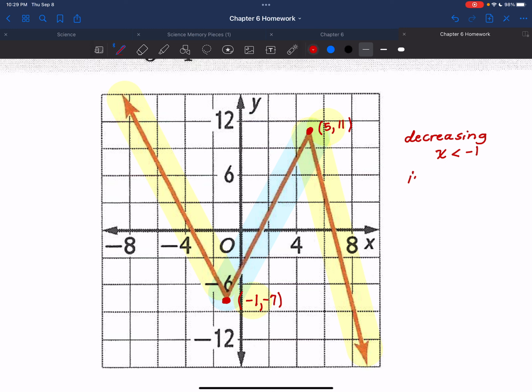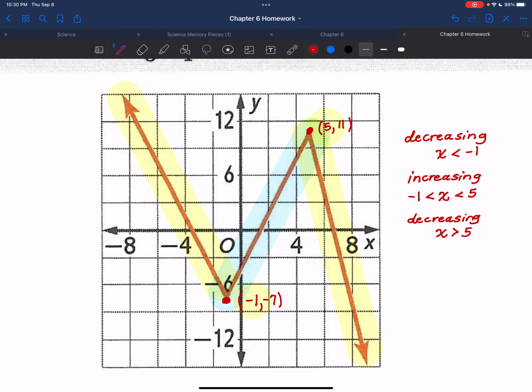So I would say that it's increasing when x is between -1 and 5. And then once it gets to 5, 11, it starts decreasing again. So it decreases again when the x is greater than 5.